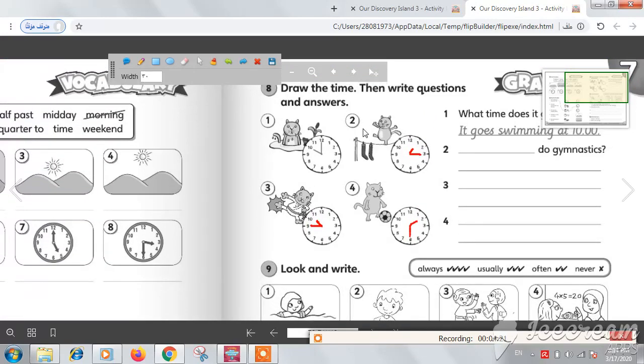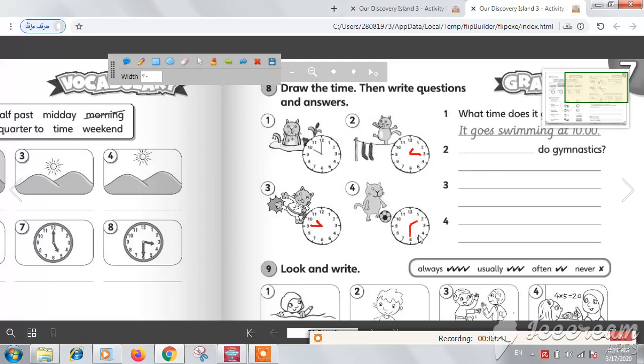So if you look carefully at picture number 2, we're gonna write, what time does it do gymnastics? And I drew this for you, and the answer should be, it does gymnastics at, what time is it now?